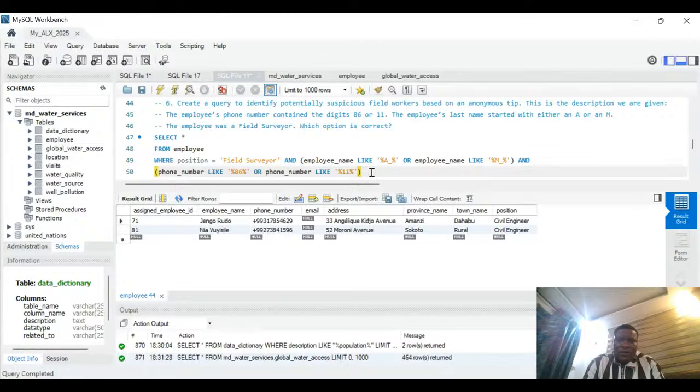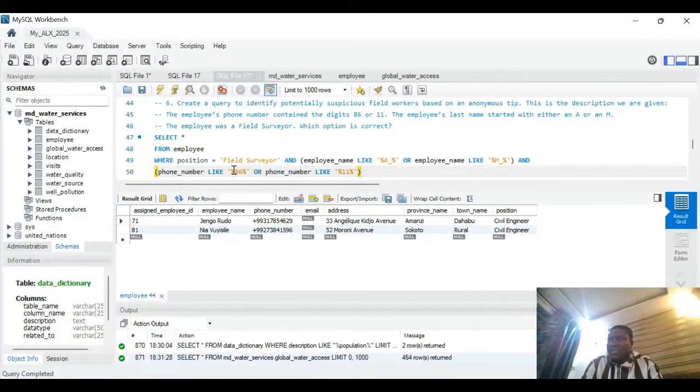And then we go down here. You have to watch how I have used the AND/OR statements, because in the question we were told that employee name starts with either A or M. So that is an OR condition. One of them has to be met. Then the second one says the phone number also contains 86 or 11. That's the second condition.